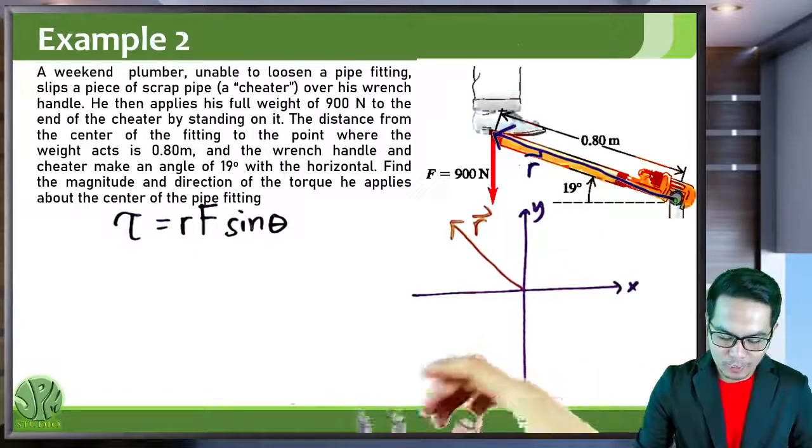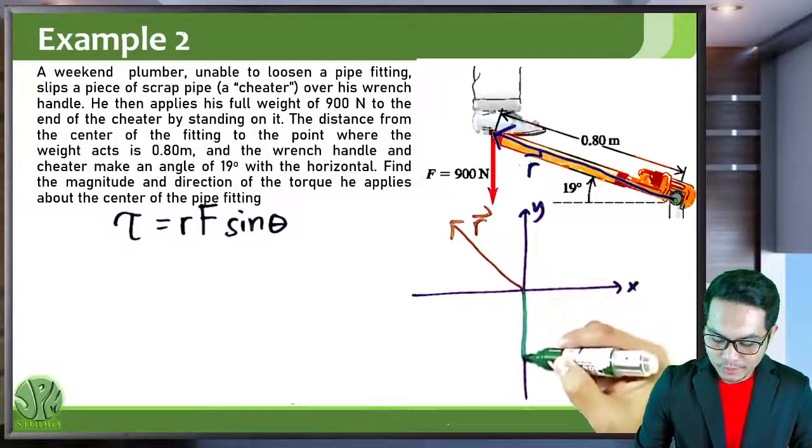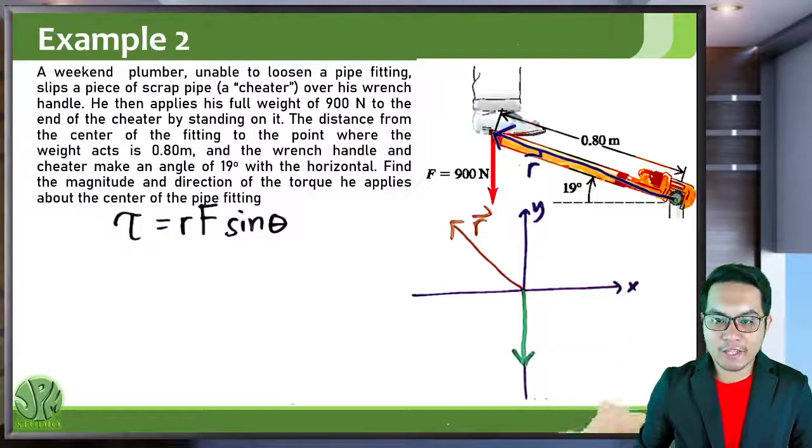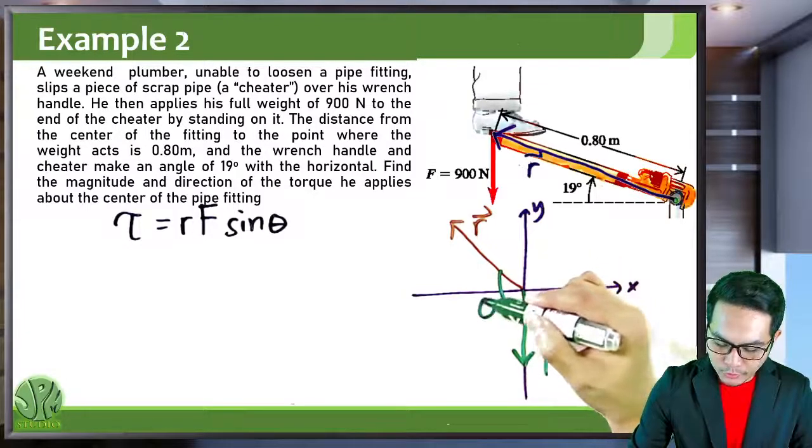Our force is downwards, which means it is on the negative y-axis. And theta is the angle here between the two vectors.